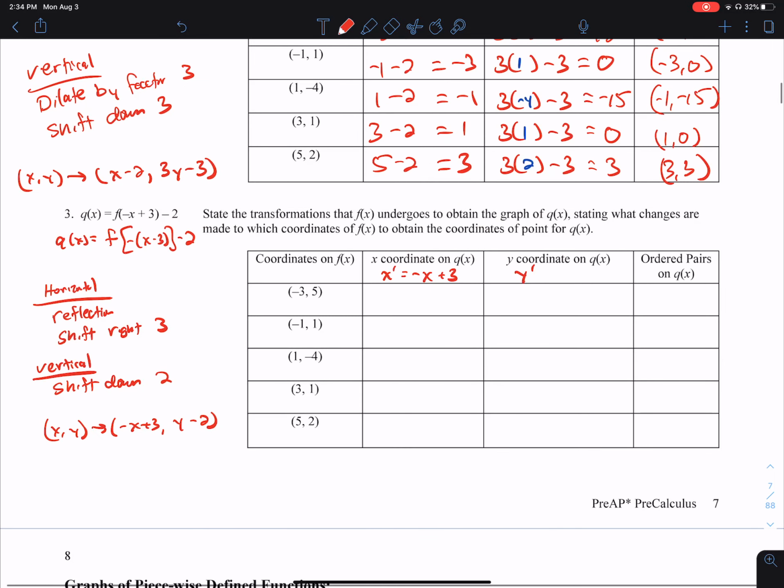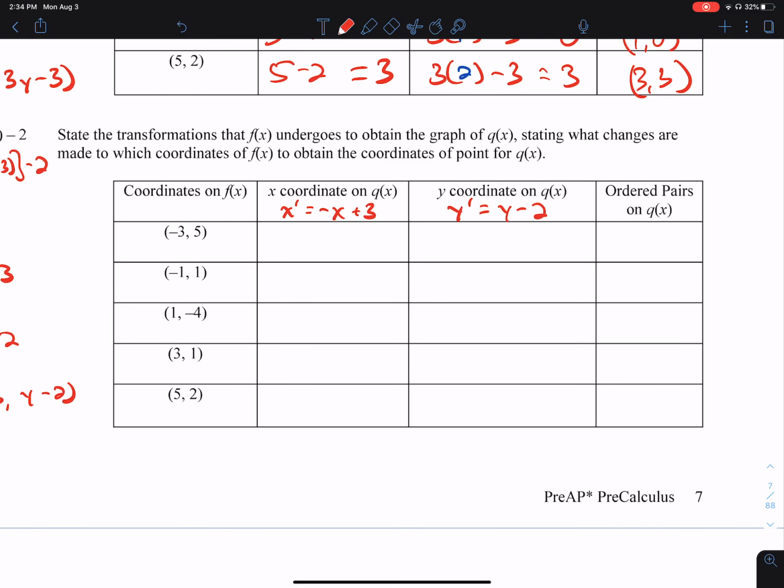So our y prime is y minus 2. Change the sign of x and then add 3. That's going to be 3 plus 3, 1 plus 3, negative 1 plus 3, negative 3 plus 3, and negative 5 plus 3. It's going to give us 6, 4, 2, 0, and negative 2.